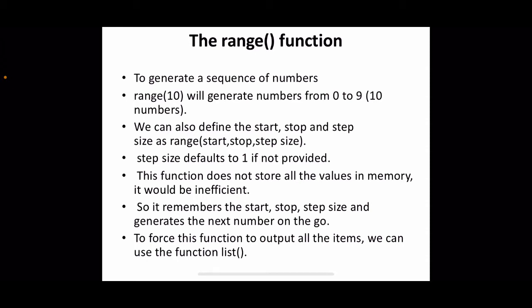So if we give only one argument, that will be treated as a stop value, where we have to stop. In that case, the default value for start is 0 and the default value for step size is 1. So we can provide either 1 argument, 2 arguments or 3 arguments. If you give 2 arguments, those will be start and stop.